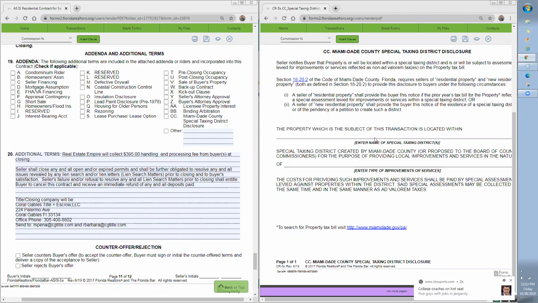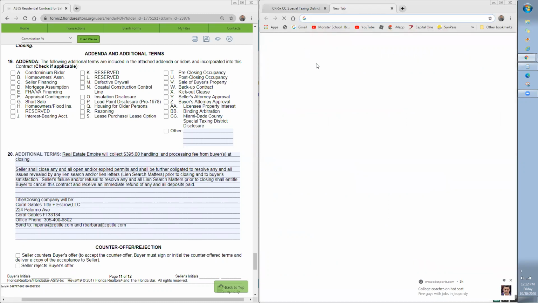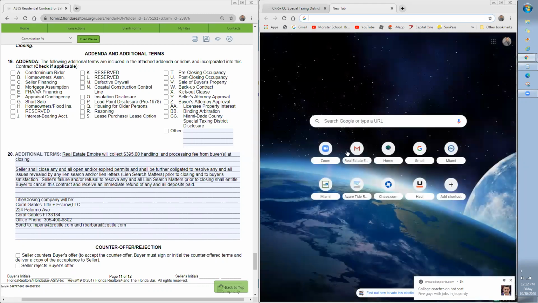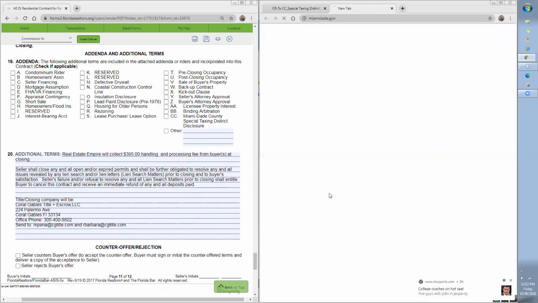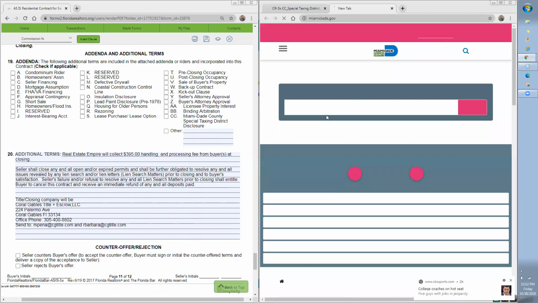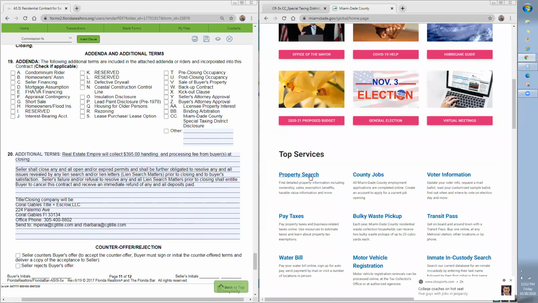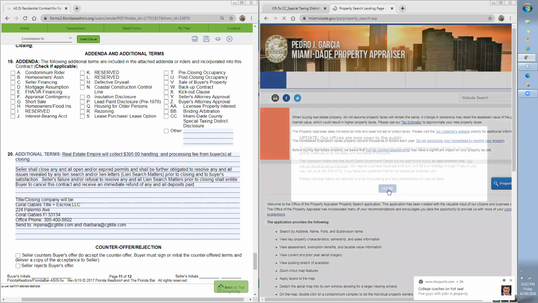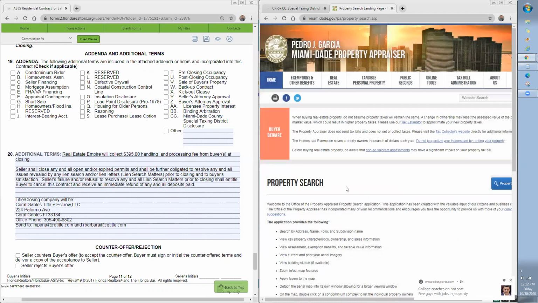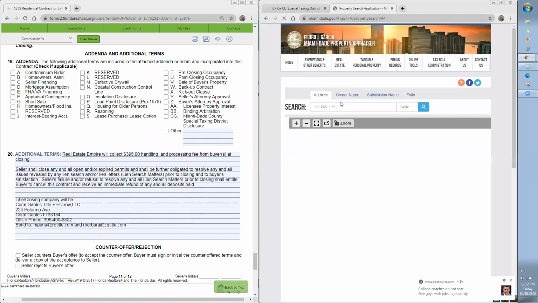But how to find out if that property has a special tax? If you go to miami-dade.gov and go to property search, click on property search, and you plug in the address of the property.